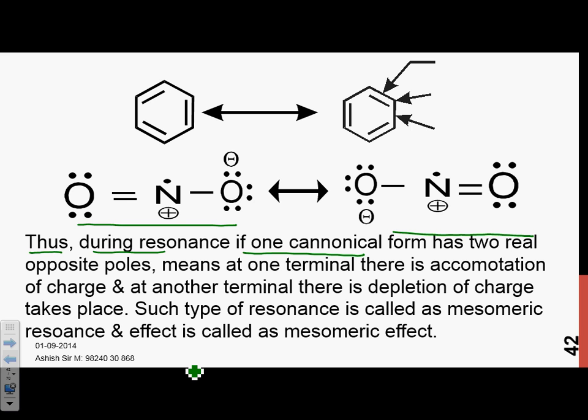Resonance I already explained, where we require more than one structure. But in certain resonating structures, you will see some forms have positive and negative charge. This form doesn't have any positive or negative charge.